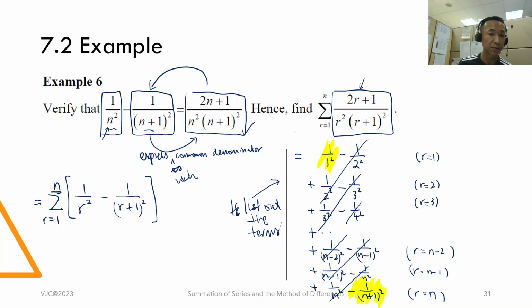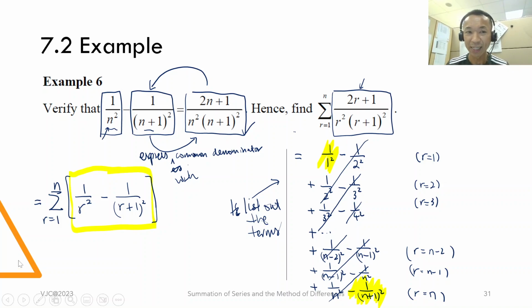The rest all cancels. Now I want to say that in order for this method to work, this difference between the two terms must actually look rather similar. The moment you have a difference between two terms that are not so similar, you can't do cancellation. There's no way in the world you're going to do cancellation. But because this is r squared and this is r plus 1 squared, you suspect that your method of differences will work, and indeed it works.